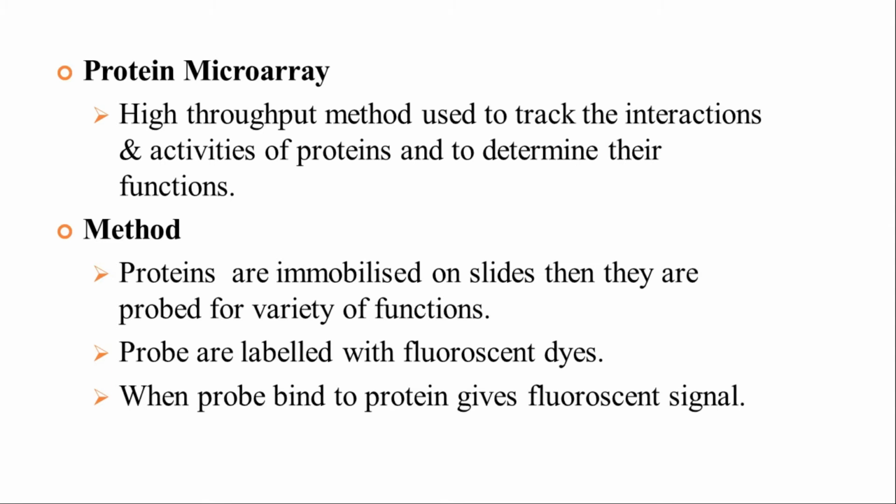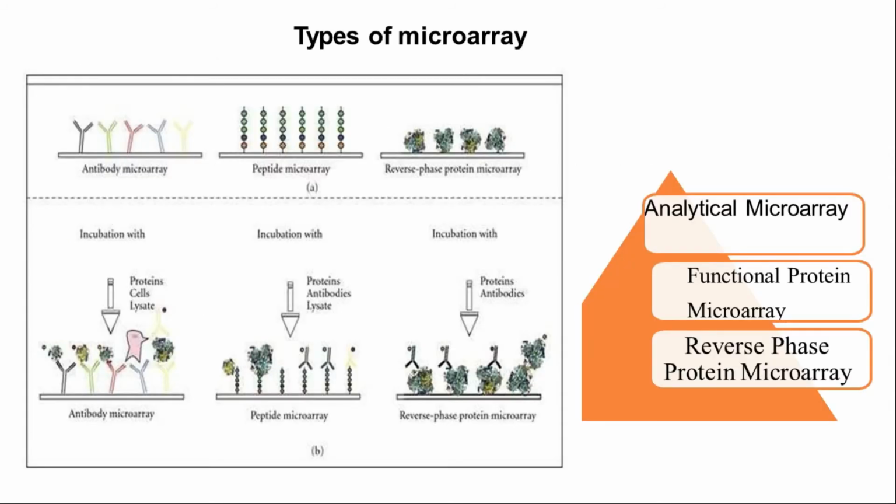Probes are labeled with fluorescent dye, which can be used where we want to understand the movement of material through a process. When a probe binds to a protein, it gives a fluorescent signal. Three types of microarray are shown here: antibody microarray, peptide microarray, and reverse phase protein microarray.